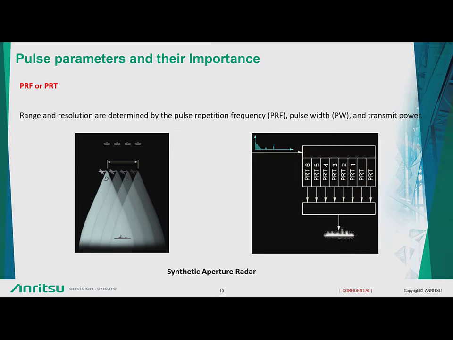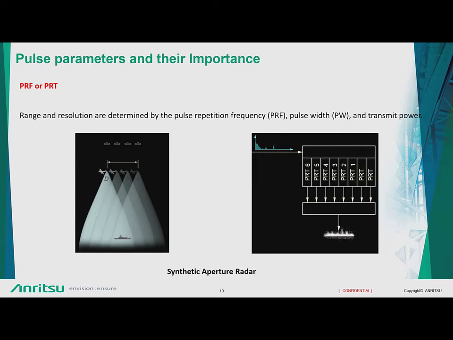Since ships are really slow moving, if an airplane has this synthetic aperture radar, whenever it is flying above, say, enemy territory, by varying the pulse repetition time it can actually image exactly how the particular ship is looking.